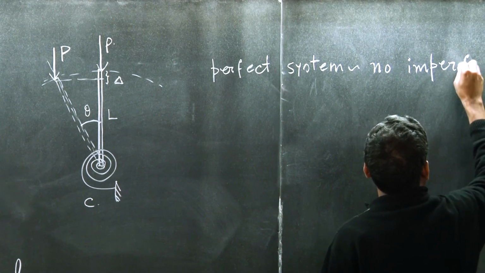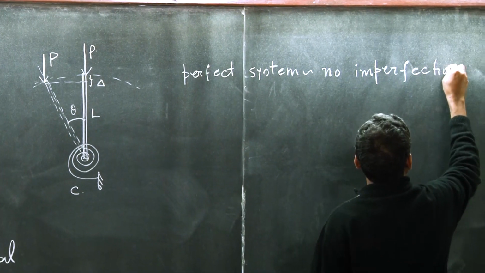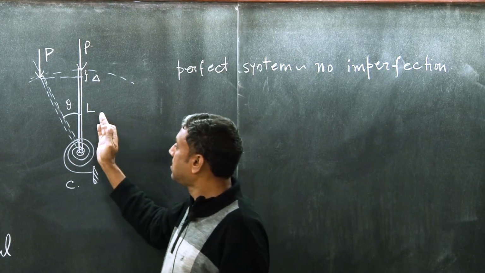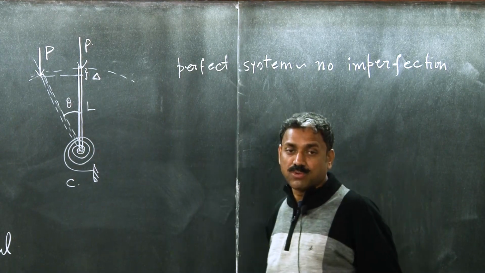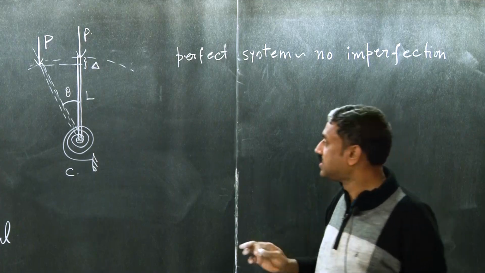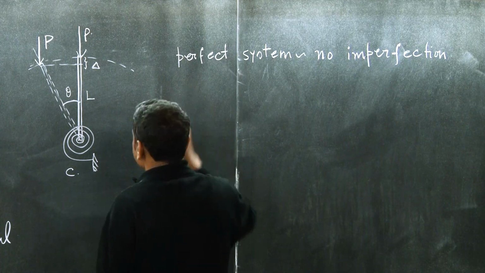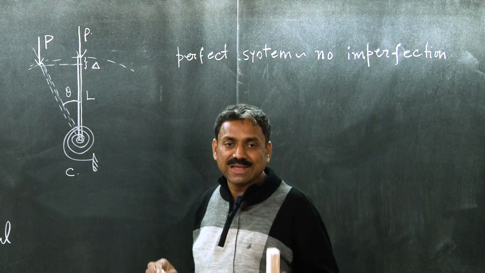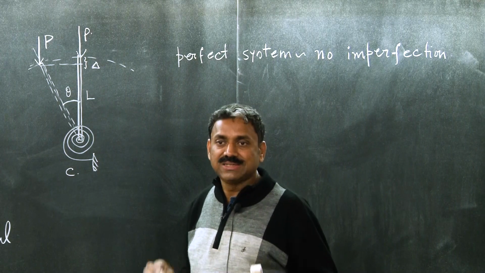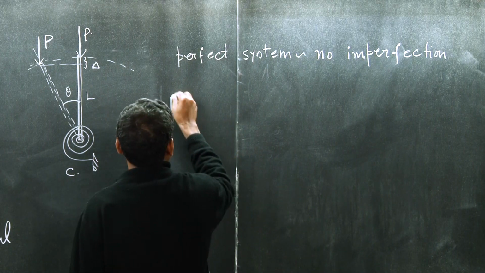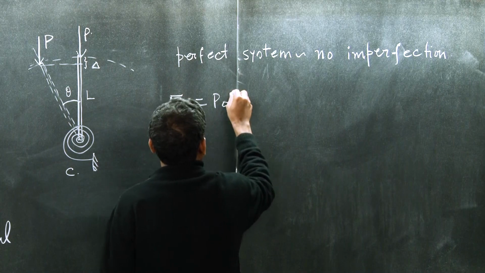If we wanted to put in imperfection, we would put in a little initial rotation. That we are not going to do now; later we will study it. Then we will follow the energy approach. So let us find the potential energy. What is the potential energy?